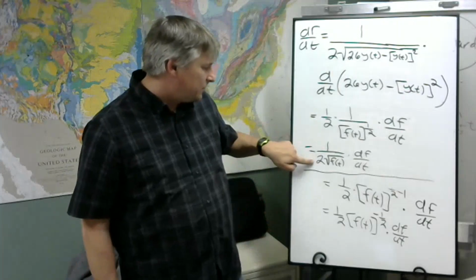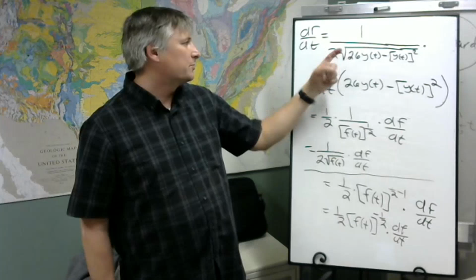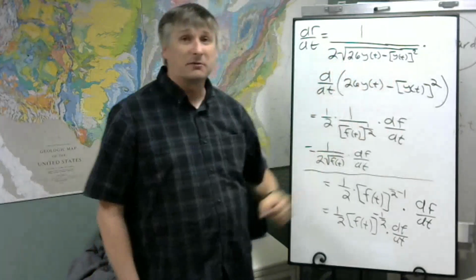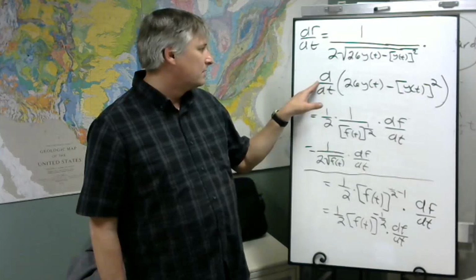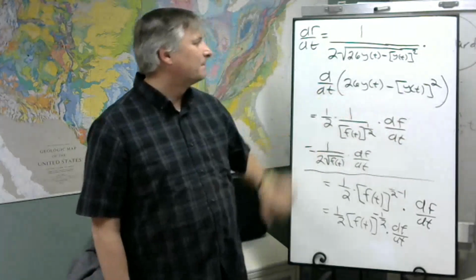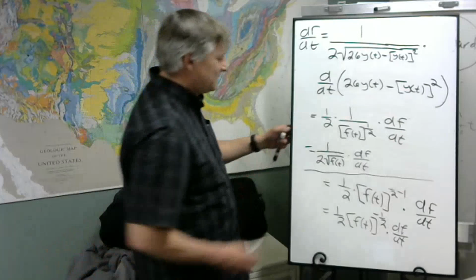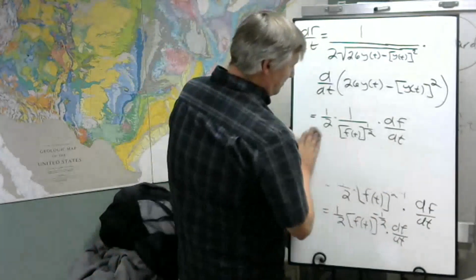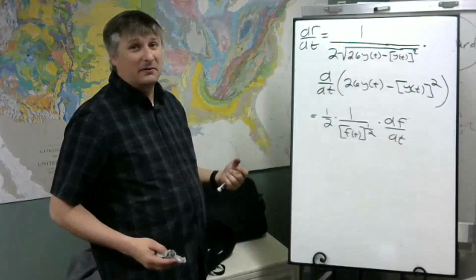So 1 over 2 square root, and then what's on the inside, that's our f of t, times the derivative of f of t. So that's where this is coming from. It's a little complicated in this one, a lot of pieces, but oh well, such is calculus.